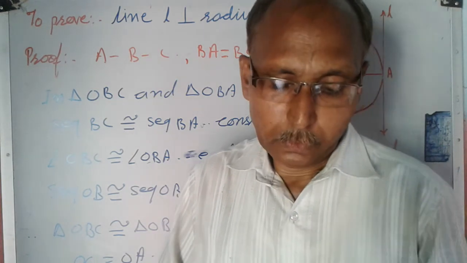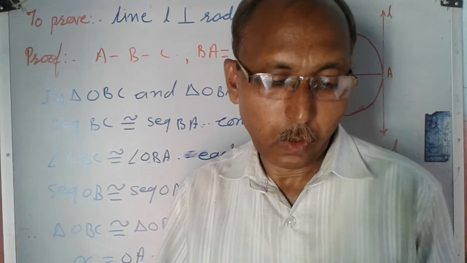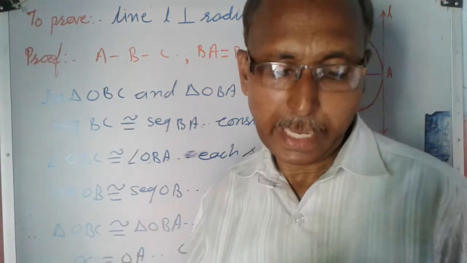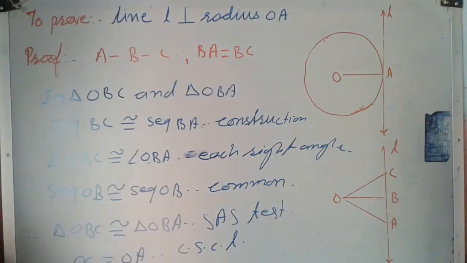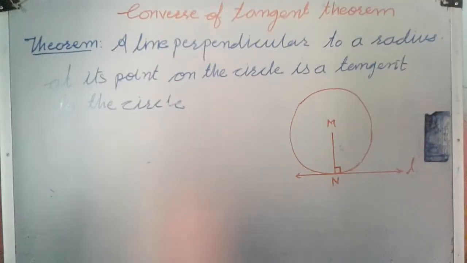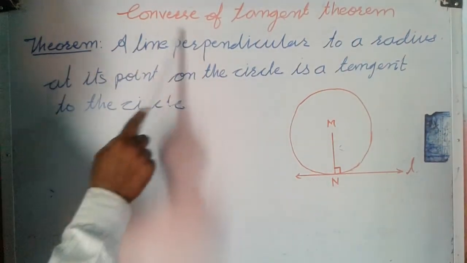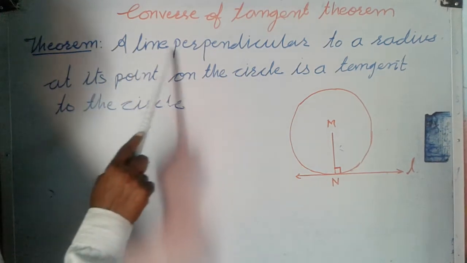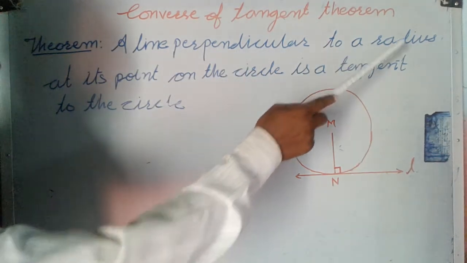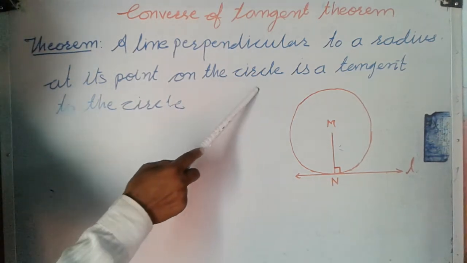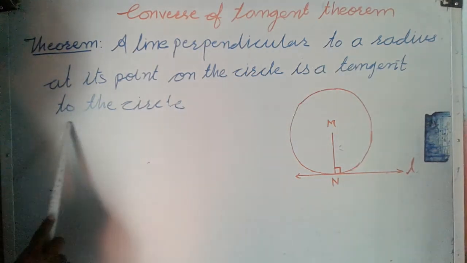Now, we will study the converse of the tangent theorem. The converse of the tangent theorem: a line perpendicular to a radius at its point on the circle is a tangent to the circle.